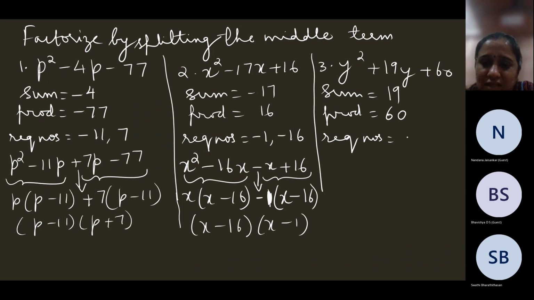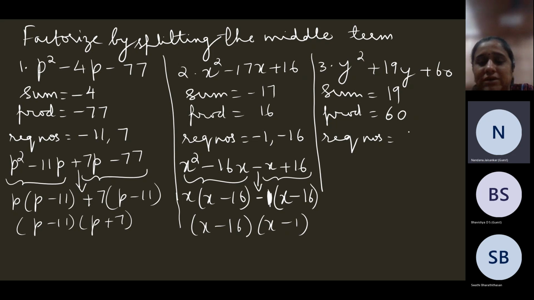No, ma'am. 20 and 3. How will 20 and 3 give you 19? No, it becomes 17. Work and tell me. No hurry, you tell me. I don't want it from Swati or Bhavishya. Nandana will tell us.